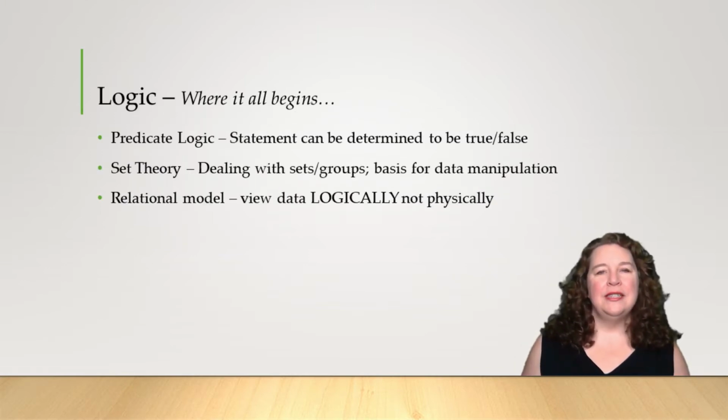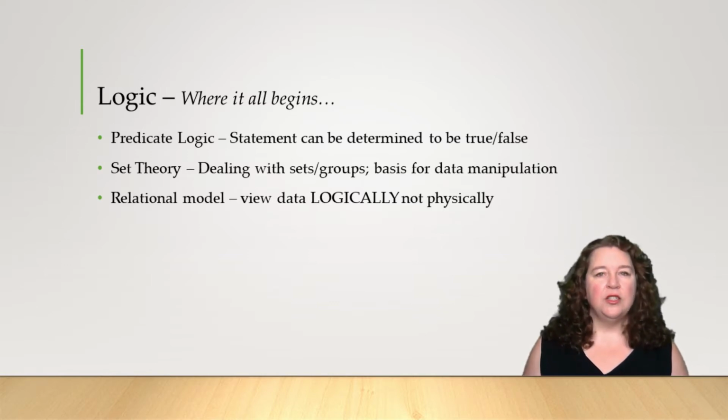So the basis of all of the modeling that we're going to be doing is just basic logic. We're going to take predicate logic, which is simply statements that can be determined to be true or false. So we're going to determine whether or not something is true or false and use that logic when we build our database model. We're also going to use some higher order math concepts called set theory.